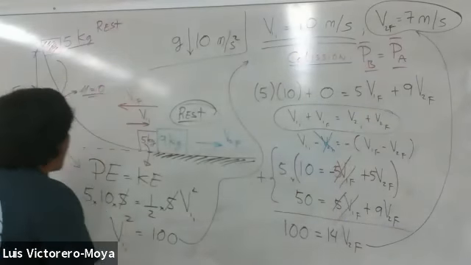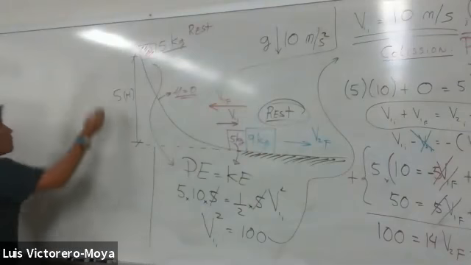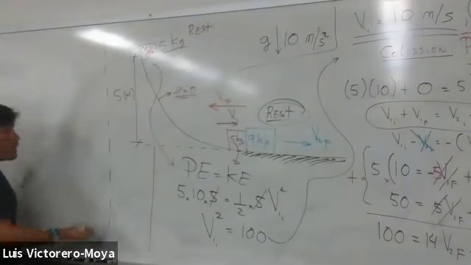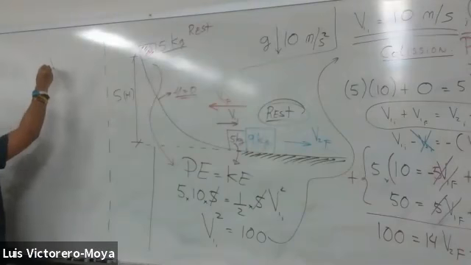So I'm going to move this there like that. So here, right? V1 initial plus, that's not very clear, right? Let's just do it here.